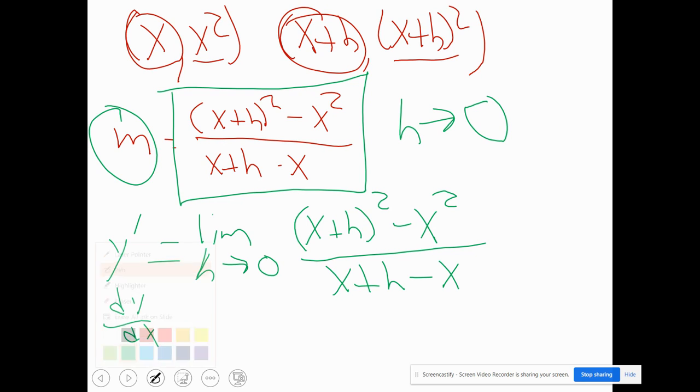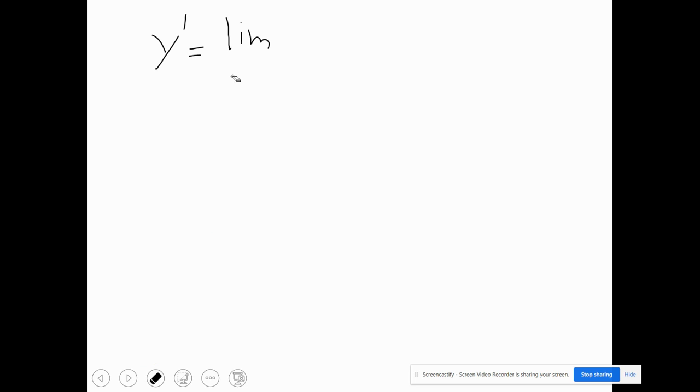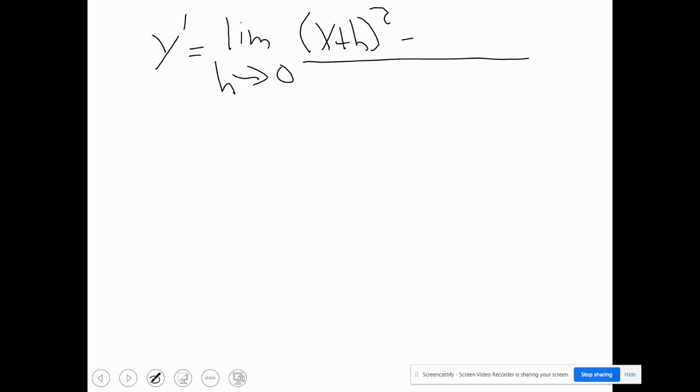Okay, I need some room, so I'm going to rewrite this. I just asked, what's y prime? It's the limit, let's do this the right way, as h approaches 0 of x plus h squared minus x squared over x plus h minus x.